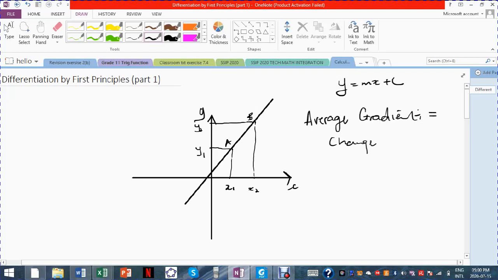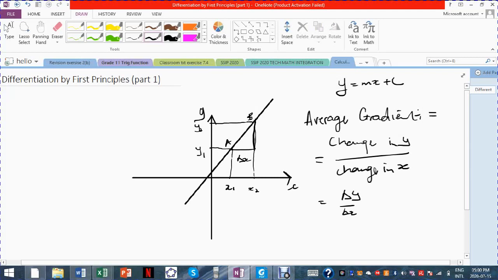change in y all over a change in x, of which we know that this is the same as change in y over change in x, and we know that from here to there we have a change in x, and from the y1 to y2, which will be change in y.